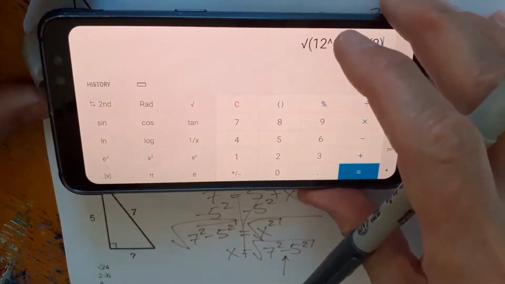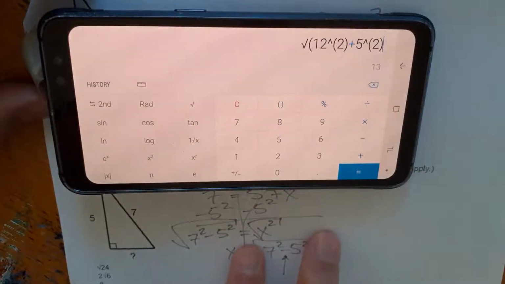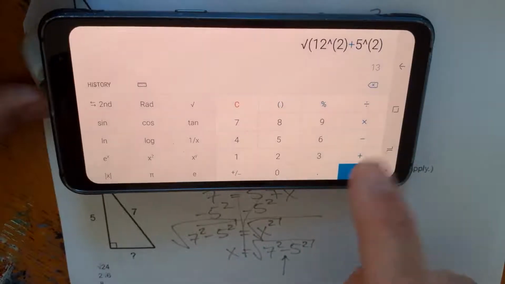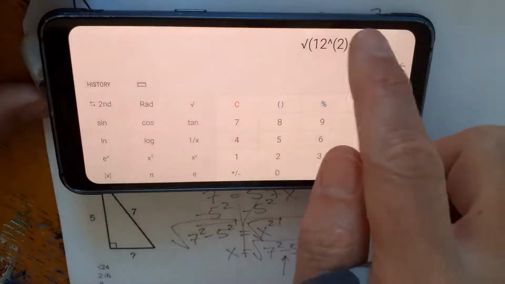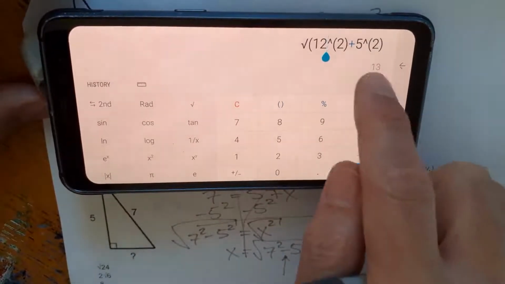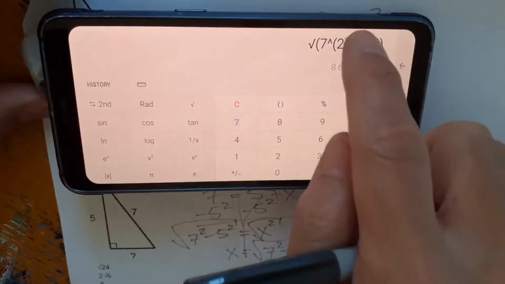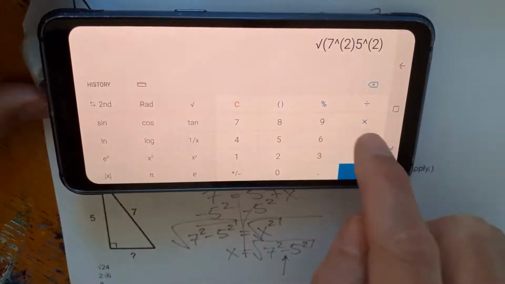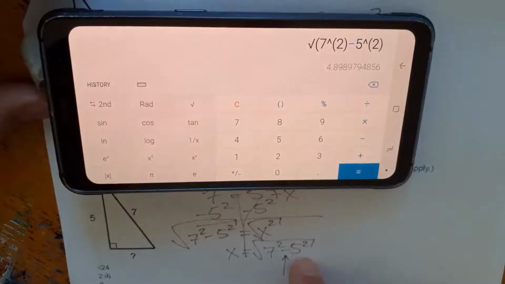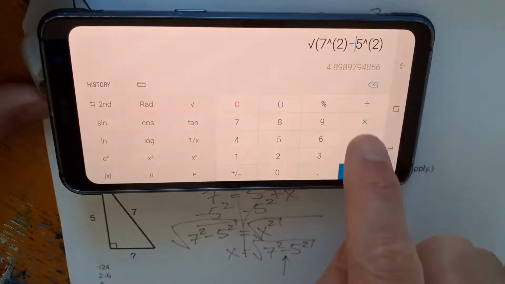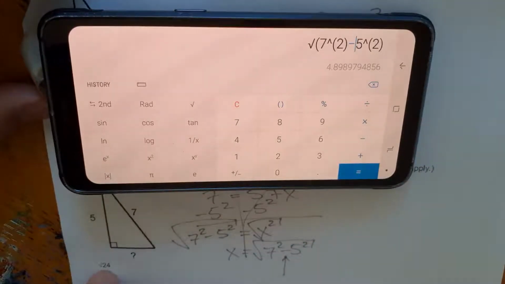So I'm going to go straight to my calculator like I did before. And I'm just going to do 7 squared minus 5 squared. I'm just going to manipulate this and do 7 squared. I'm going to make sure this says minus, and it already says 5 squared already. Oh, okay, nice.